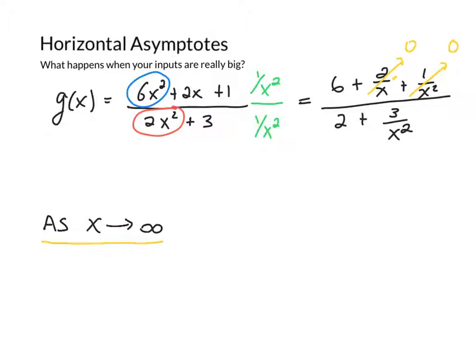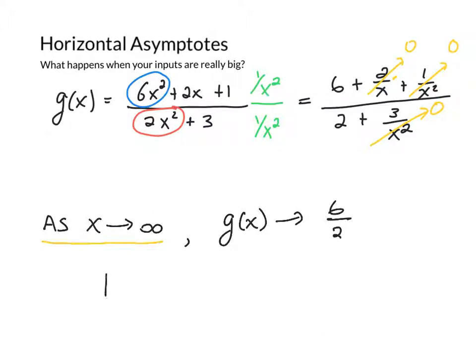And 3 divided by x squared, 3 divided by really big numbers is also going to tend to 0. So as x goes off to infinity, most of these things go away, and I'm just left with a 6 and a 2 in my numerator. Okay, so as x goes to infinity, g of x goes to 6 divided by 2, which is 3.